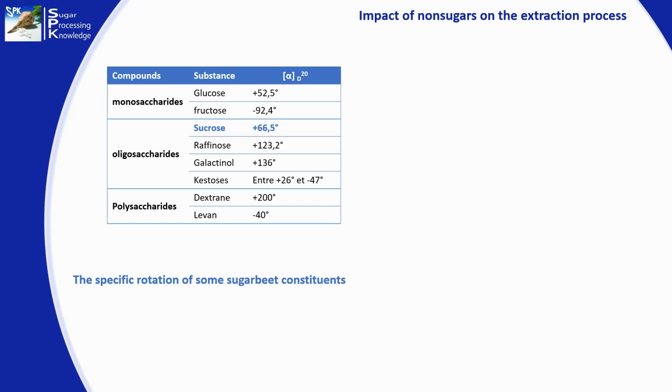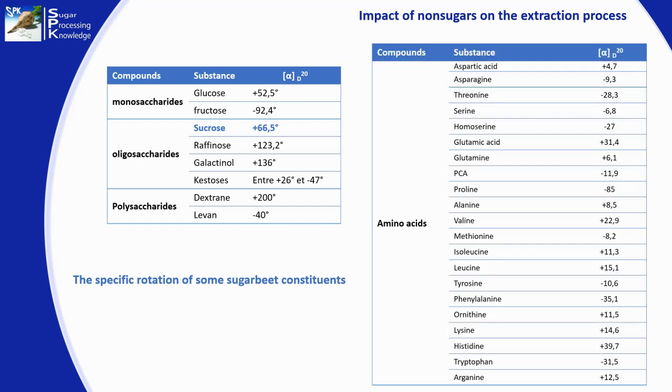Galactinol 136 degrees, and the kestoses, depending on their form, have a specific rotation of between plus 26 and minus 47 degrees. For polysaccharides, dextran has a specific rotatory power of 200 degrees, and levan minus 40 degrees. Concerning amino acids, their specific rotation varies according to their nature.